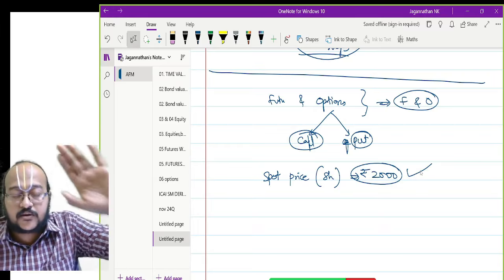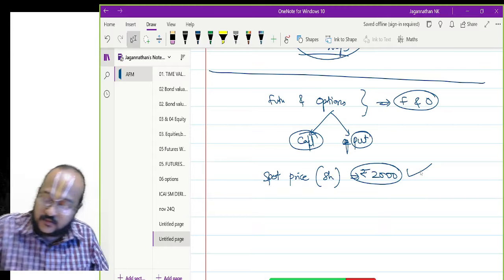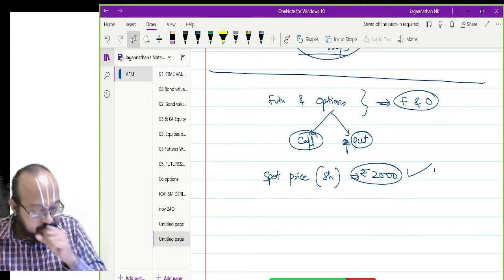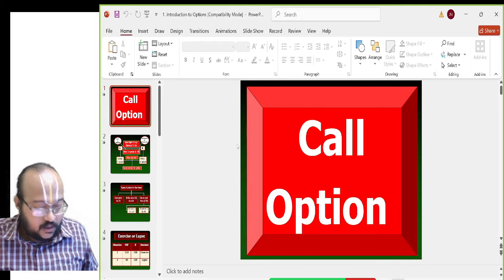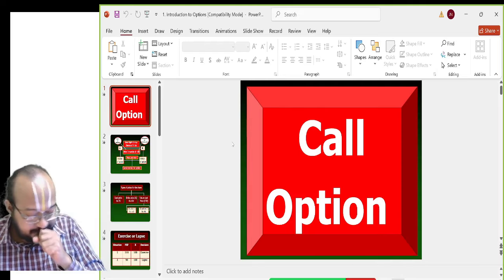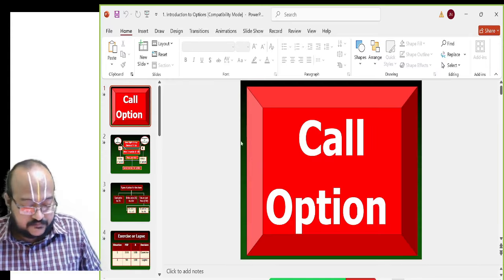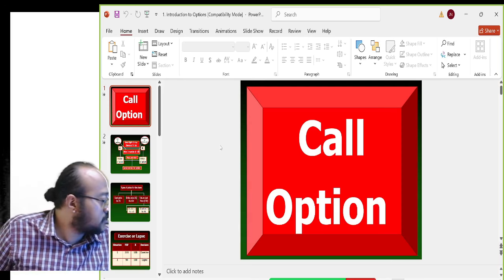This you can assume till now. Now we will go on to specific discussion in this regard. See, first we will take call option for discussion.